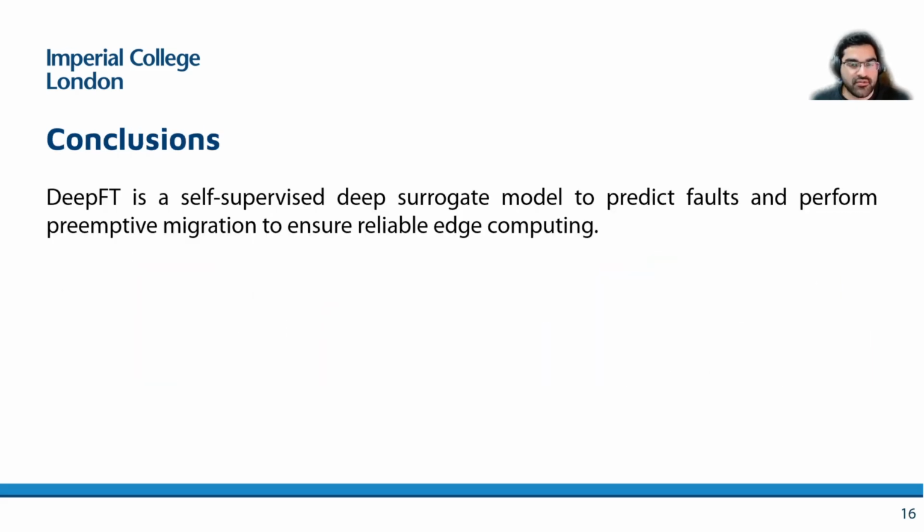So to summarize, we presented DeepFT, which is a self-supervised deep surrogate model to predict faults and perform preemptive migrations to ensure reliable edge computing. The high detection and classification accuracies of DeepFT facilitate efficient fault recovery for optimal quality of service.